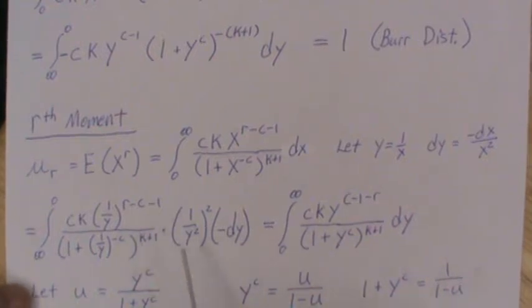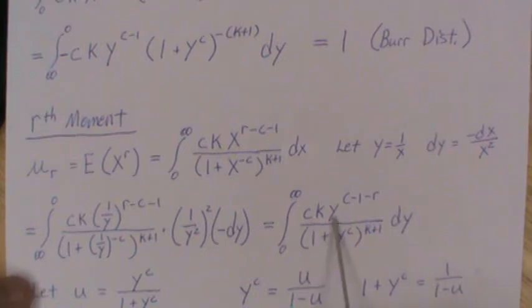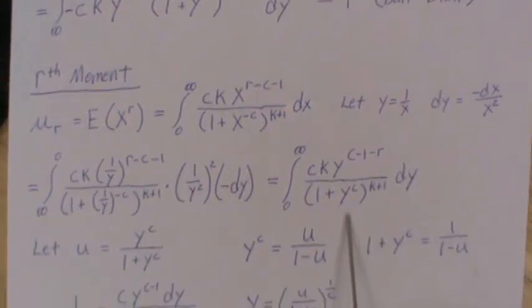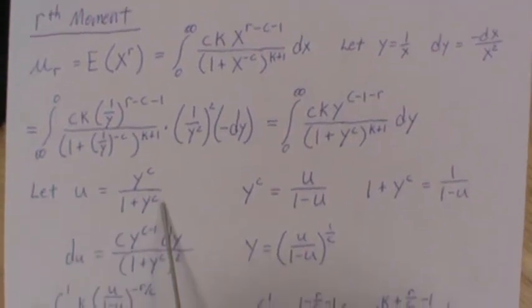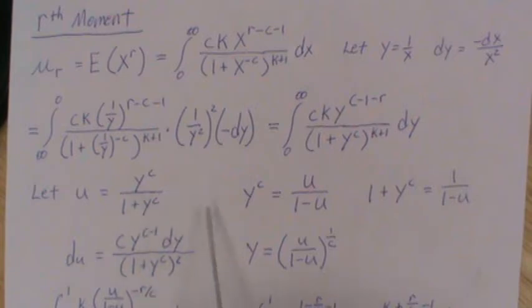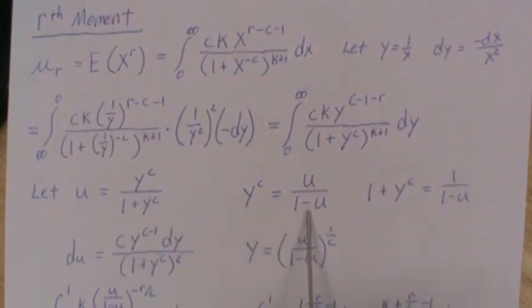So then you start combining things, and we get to this. If this is into the y, then you bring it up, and then all those change. And then don't forget about this extra y that comes in there, and we're left with this. So let's let u equal y to the c over 1 plus y to the c. And then the differential is this. And you can back solve for y to the c.